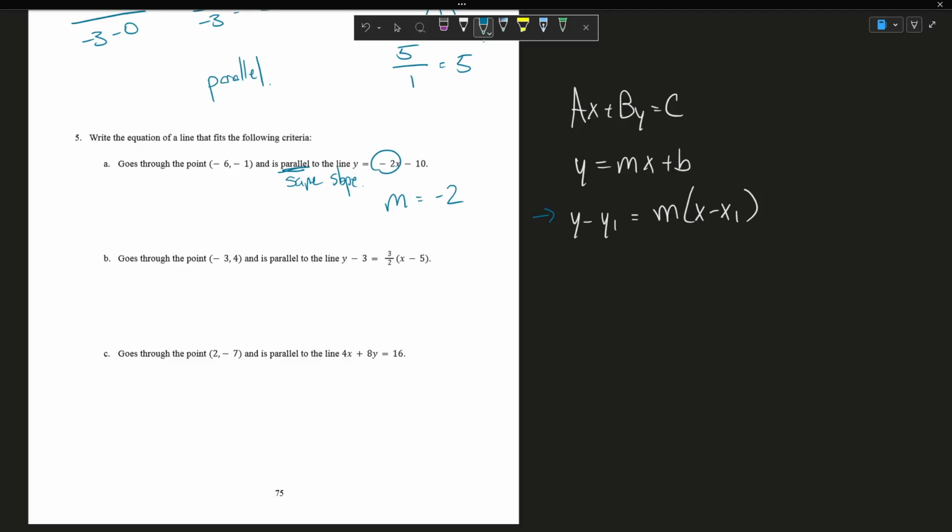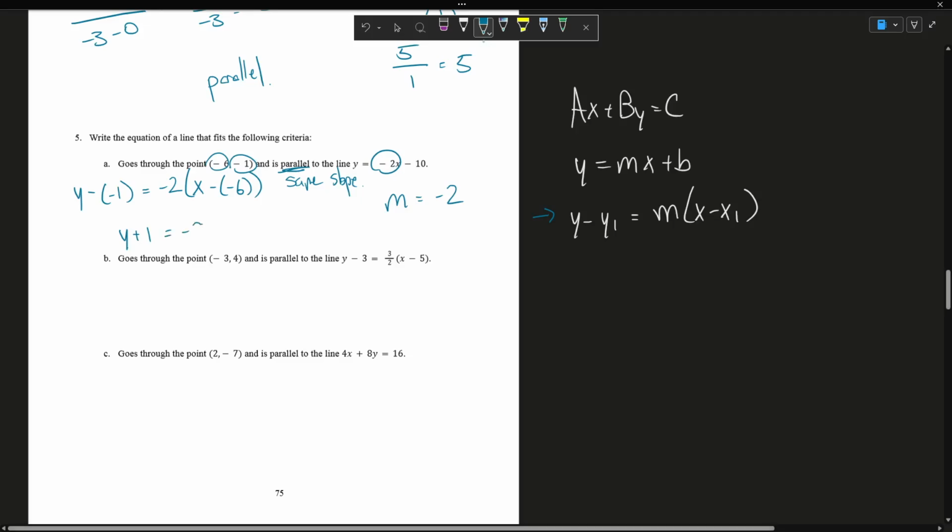To use point slope form, we have y minus y1, y minus -1 equals m times x minus x1. We simplify it. y plus 1 equals -2 times x plus 6. And since this is a valid form, I'm fine with this.